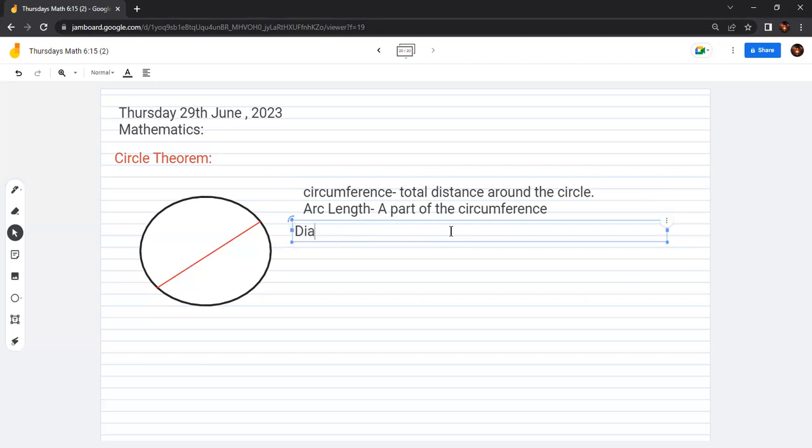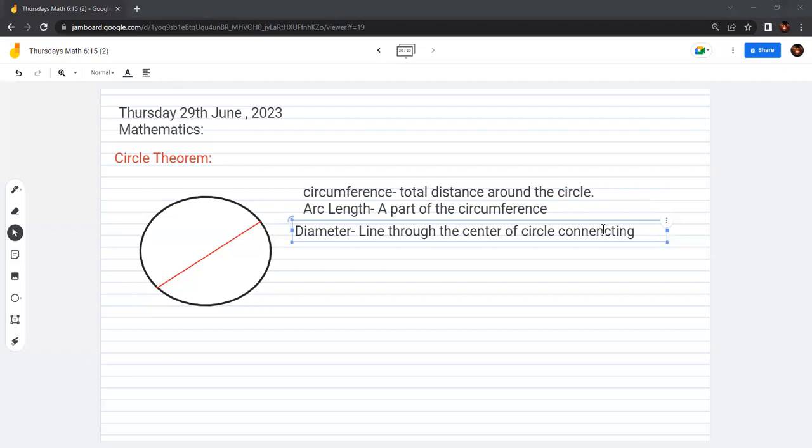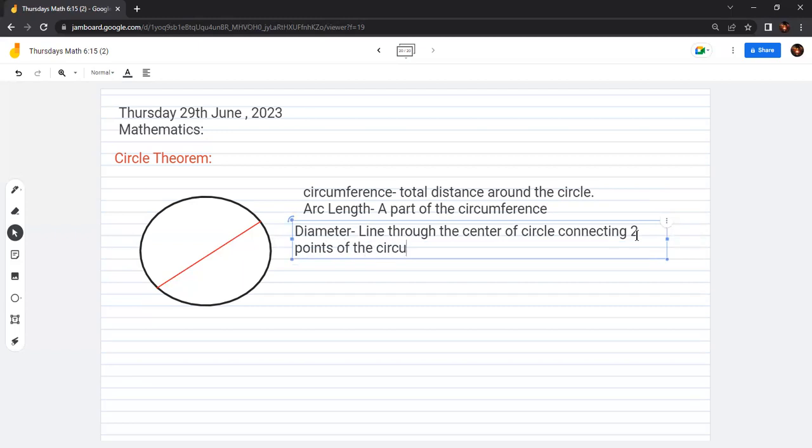So the diameter is the line through the center of the circle connecting 2 points of the circumference.